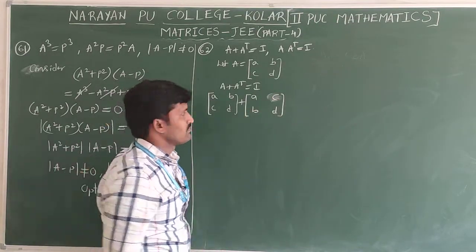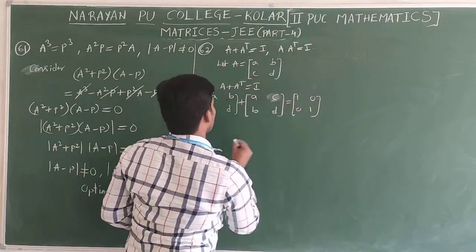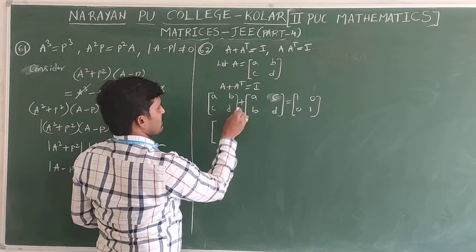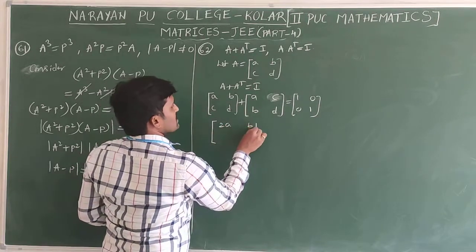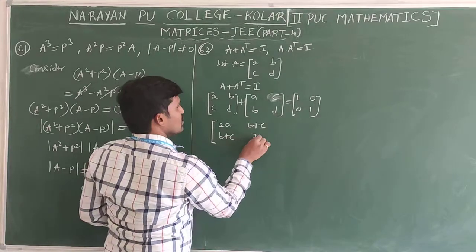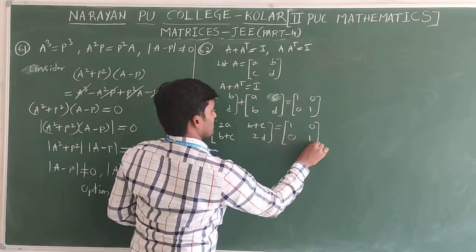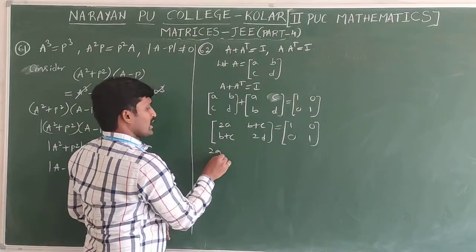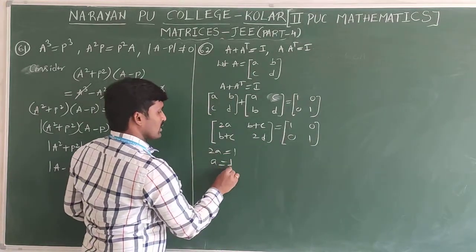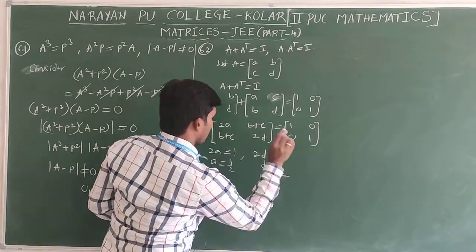Transpose applied for that, equal to the identity matrix [1, 0; 0, 1]. Adding these two matrices: a plus a is 2a, then b plus c, this also b plus c, and 2d, equal to [1, 0; 0, 1]. From this, 2a equals 1, a equals 1 by 2. Next 2d equals 1, d also equals 1 by 2.